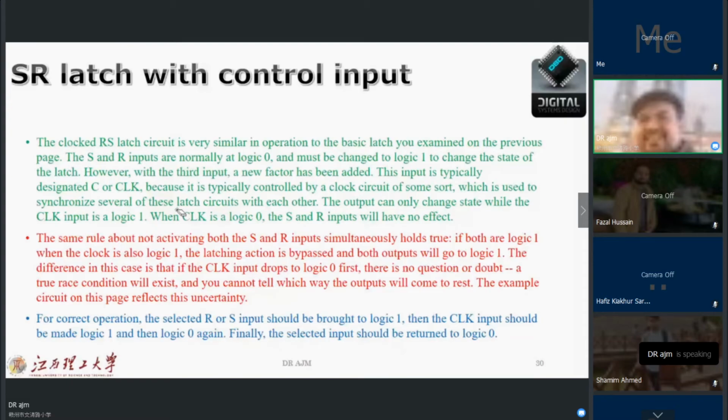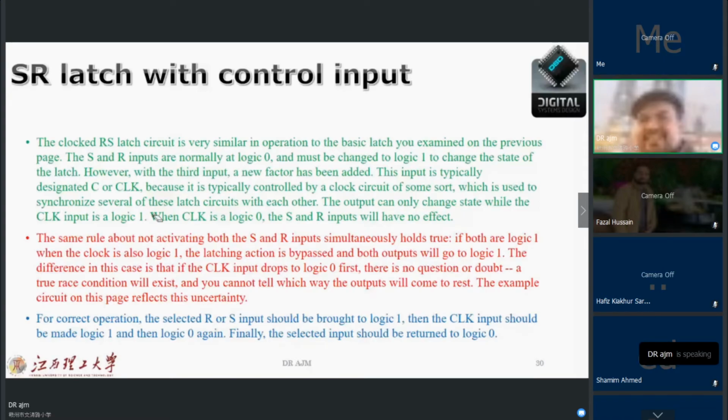However, with the third input, a new factor has been added. This input is typically designated C or clock, because it's typically controlled by a clock circuit of some sort, which is used to synchronize several of these latch circuits with each other.